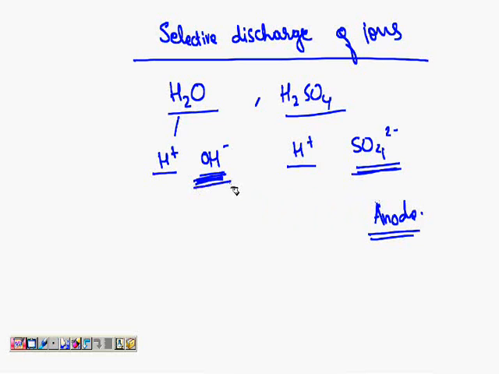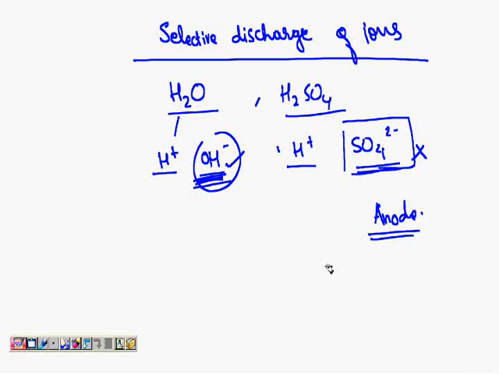Out of these, OH minus ion has a better tendency to lose electrons. SO4 2 minus does not have that ability. That's why OH minus ions lose the electrons, but SO4 2 minus ions do not.